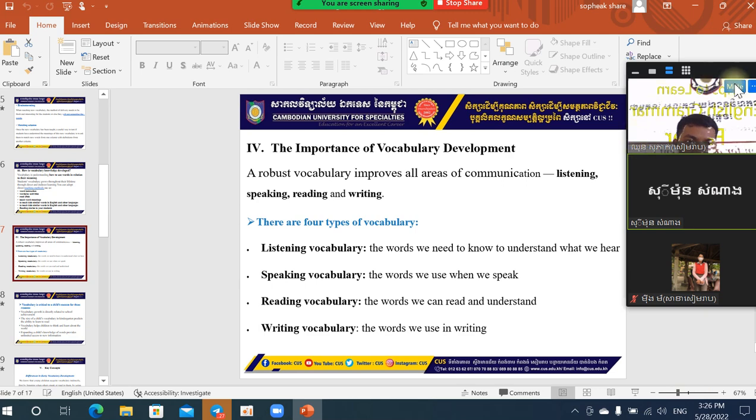And the size of a child's vocabulary in kindergarten predicts the ability to learn to read. And vocabulary helps children to think and learn about the world, and expanding a child's knowledge of words provides unlimited access to new information.